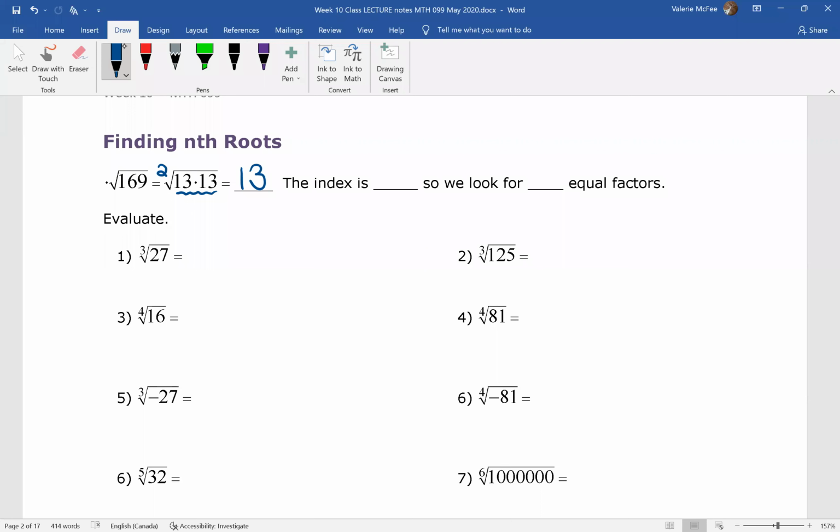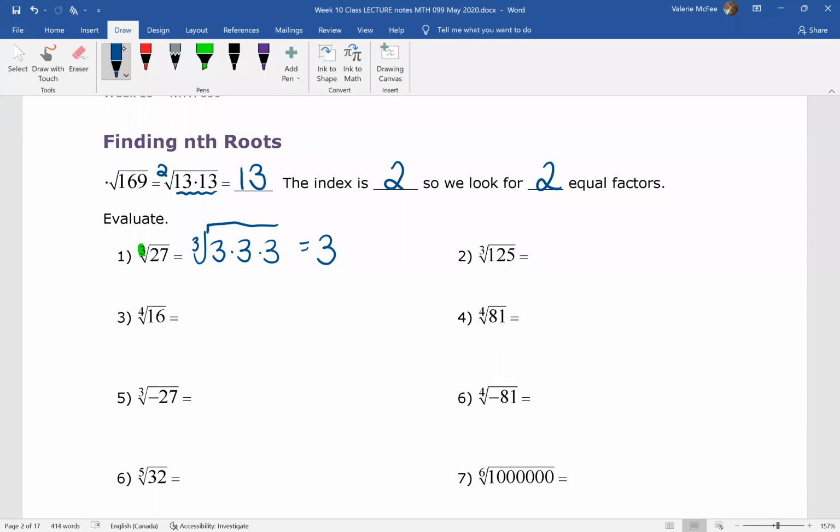The index is 2, so we look for 2 equal factors. What about when the index is 3? Well, now we know that we're going to look for 3 equal factors. The cube root of 27 equals 3.